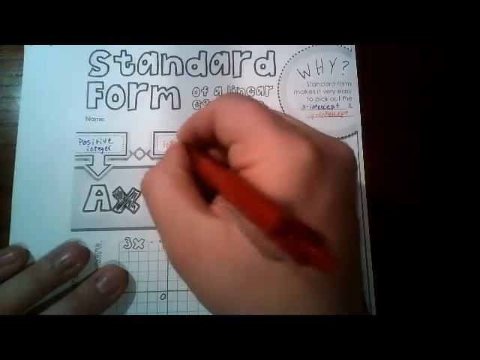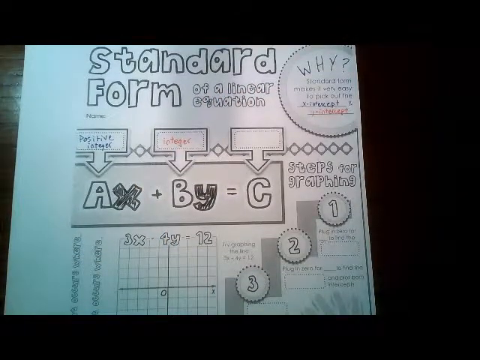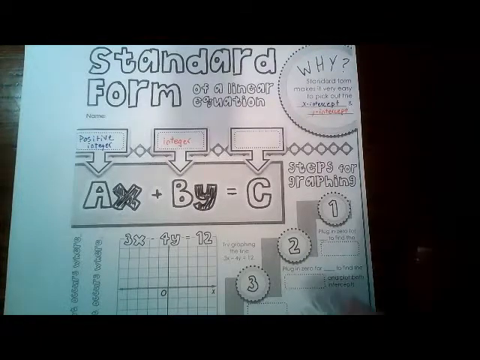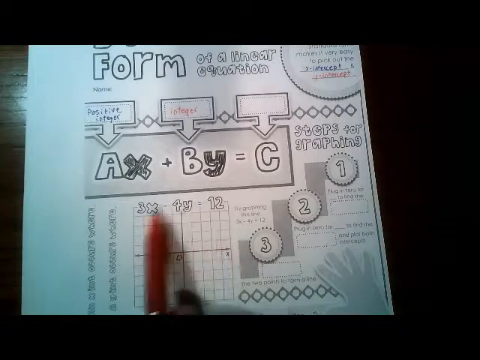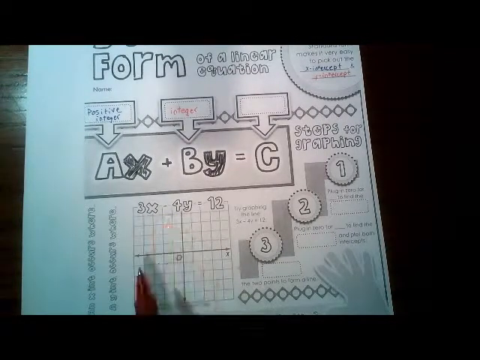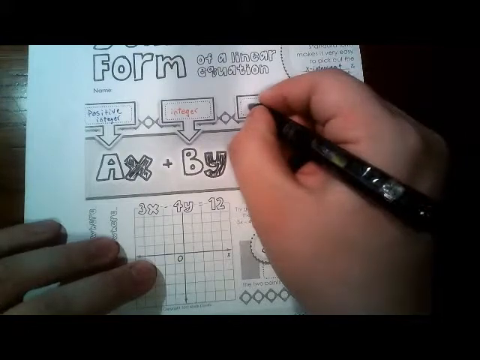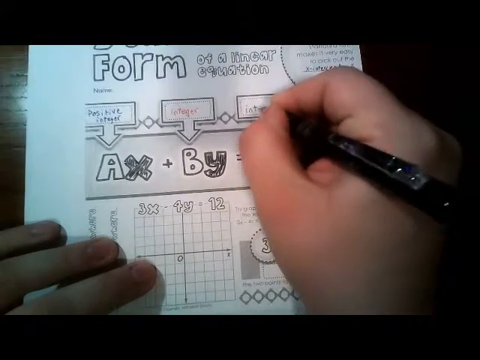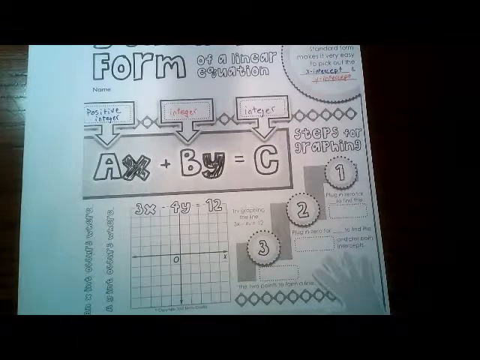It doesn't have to be positive, it could be negative, but it's not going to be a fraction or a decimal. Just like this one here, we have 3x, negative 4y. This isn't a fraction, or a decimal. C generally is also an integer, and it can be any number, again, based on the problem.